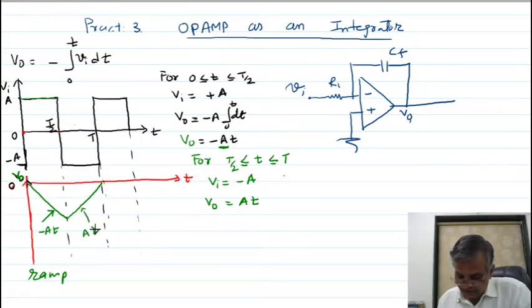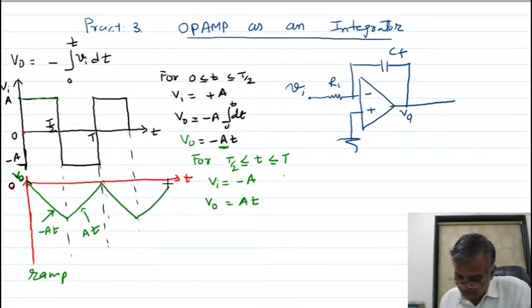The slope of this line is plus a, this line is minus a, this line is minus a, and this line is plus a. Again from here to here it is plus, so the output slope is minus a, then plus a. So I'll get such a waveform.